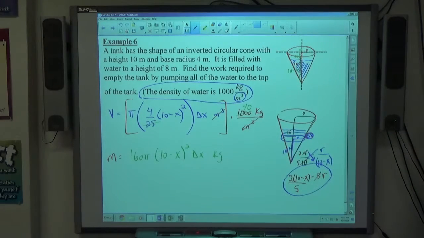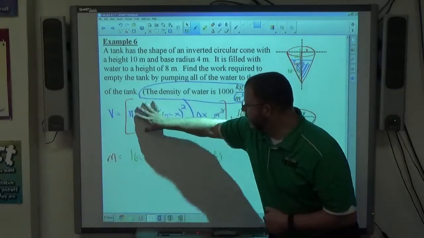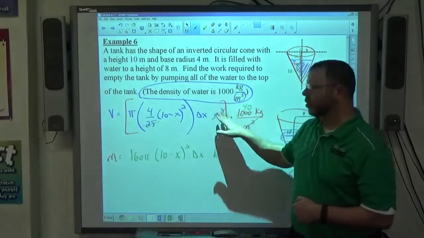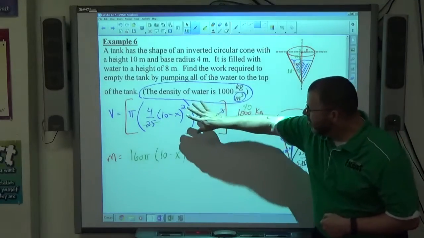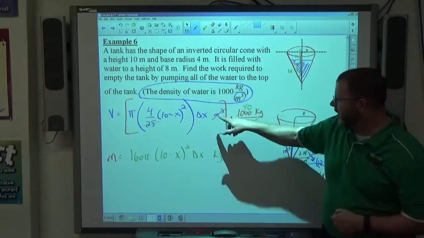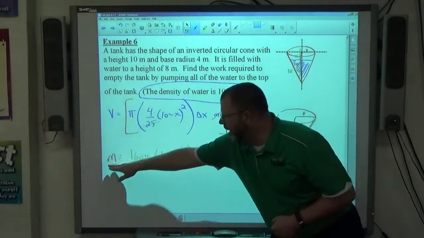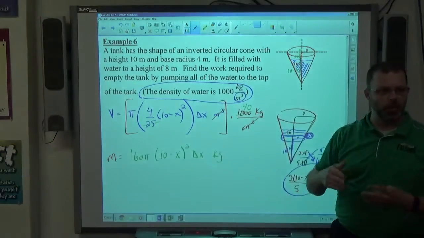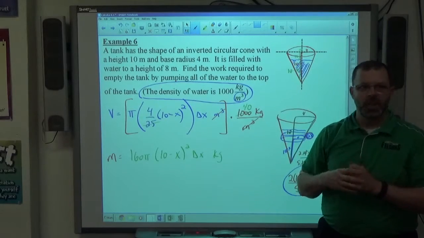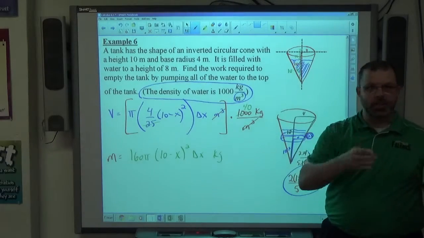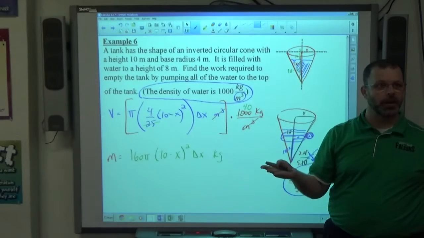It may be helpful to you as you go through this to really identify things as what they are. This right here is the volume. The volume is in cubic meters. Multiply volume times density, cubic meters cancel, so we have mass now, which equals kilograms. So you always go volume first, use the density to find mass. Then mass times acceleration, and we're dealing with Earth here, right?